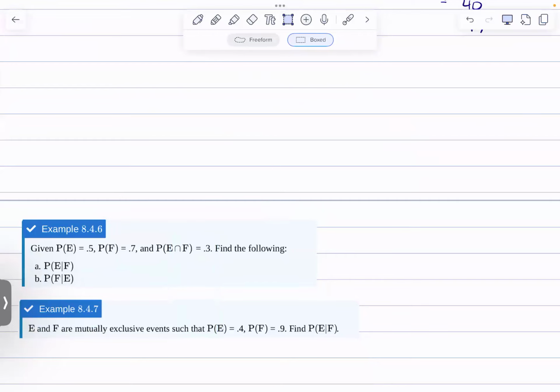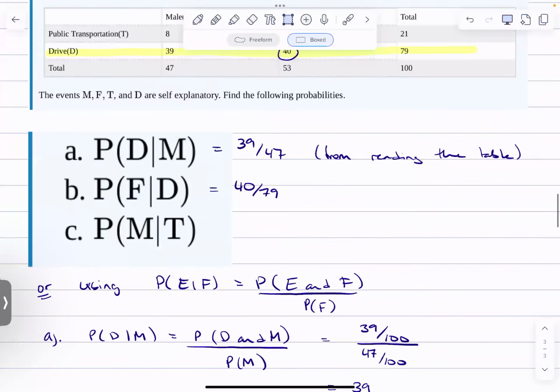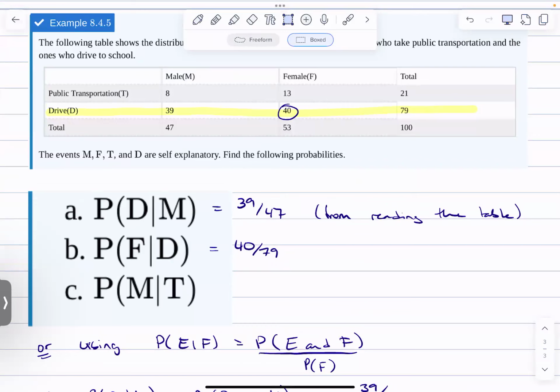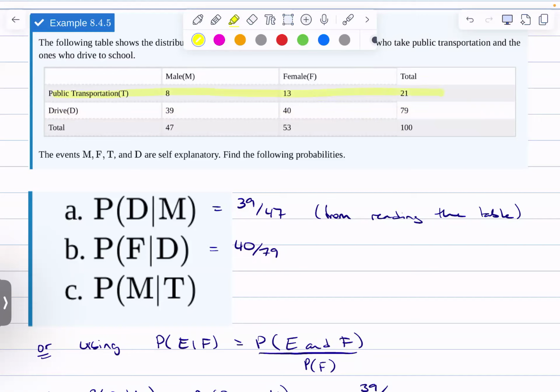So we've got one more. The probability that they're male knowing, or given that they take public transportation. Now, we know that they take public transportation, 21 of the 100.